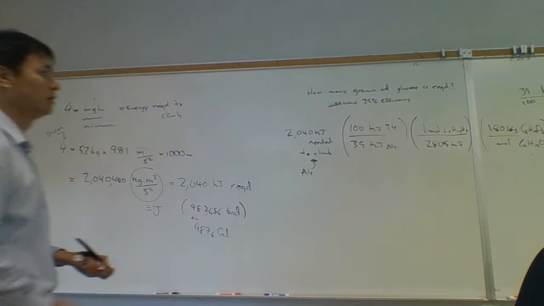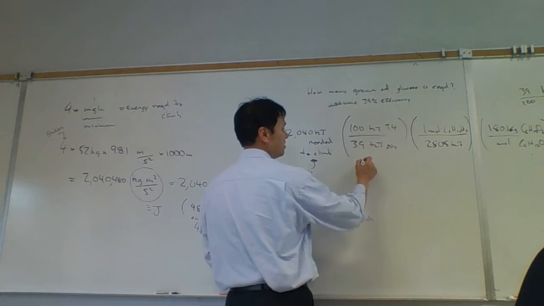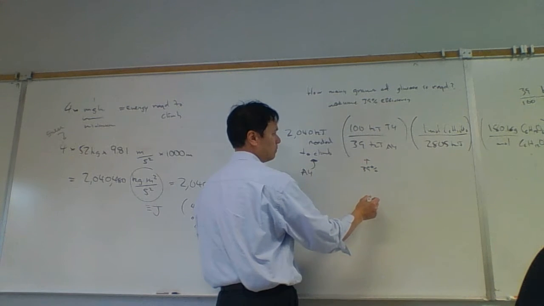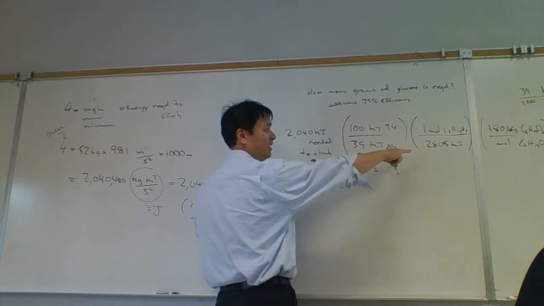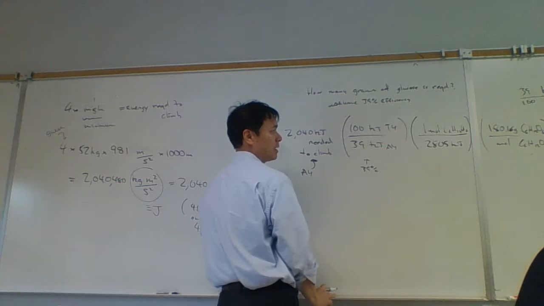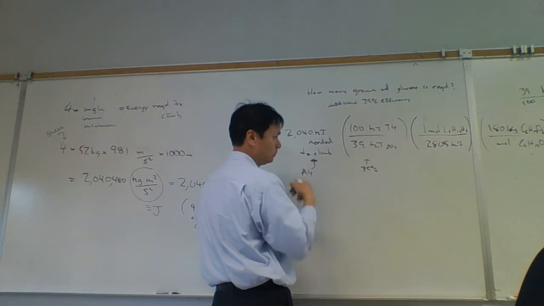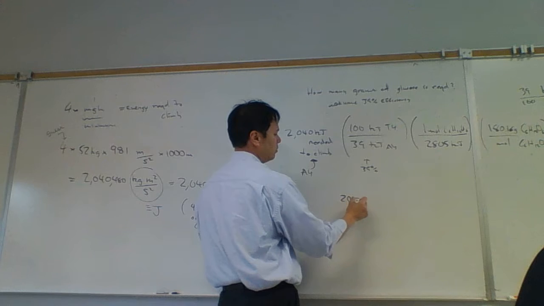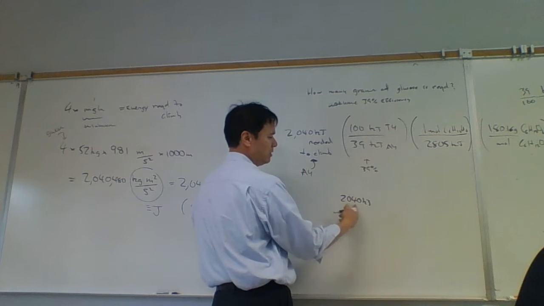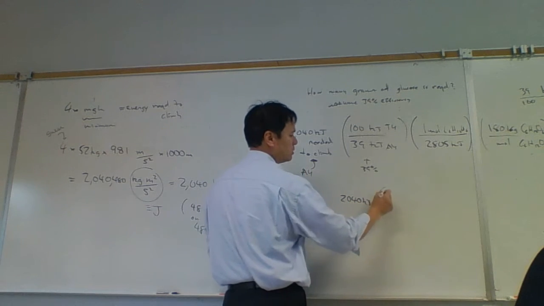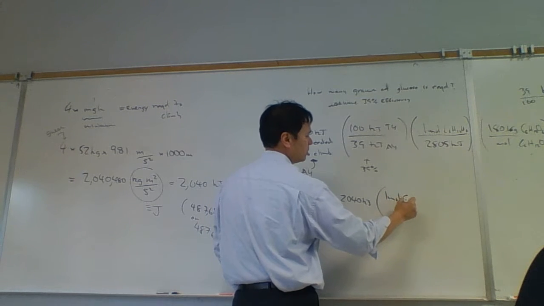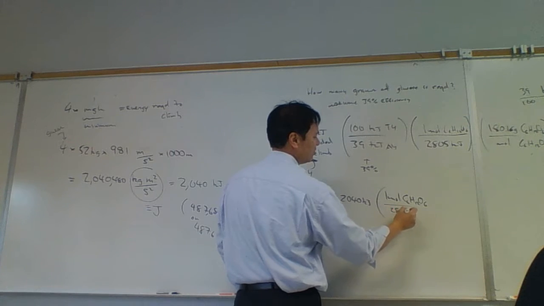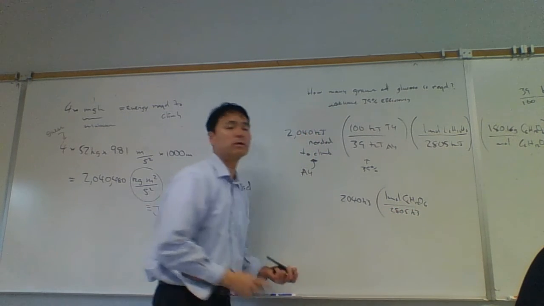Okay, what if, this is 39% efficiency. What if there's 100% efficiency? That is, for every kilojoule of energy produced by the metabolism of glucose, all that energy could be used. And so the equation would be different. We need 2,040 kilojoules. And so for every 1 mole of glucose, we get 2,805 kilojoules worth of energy.